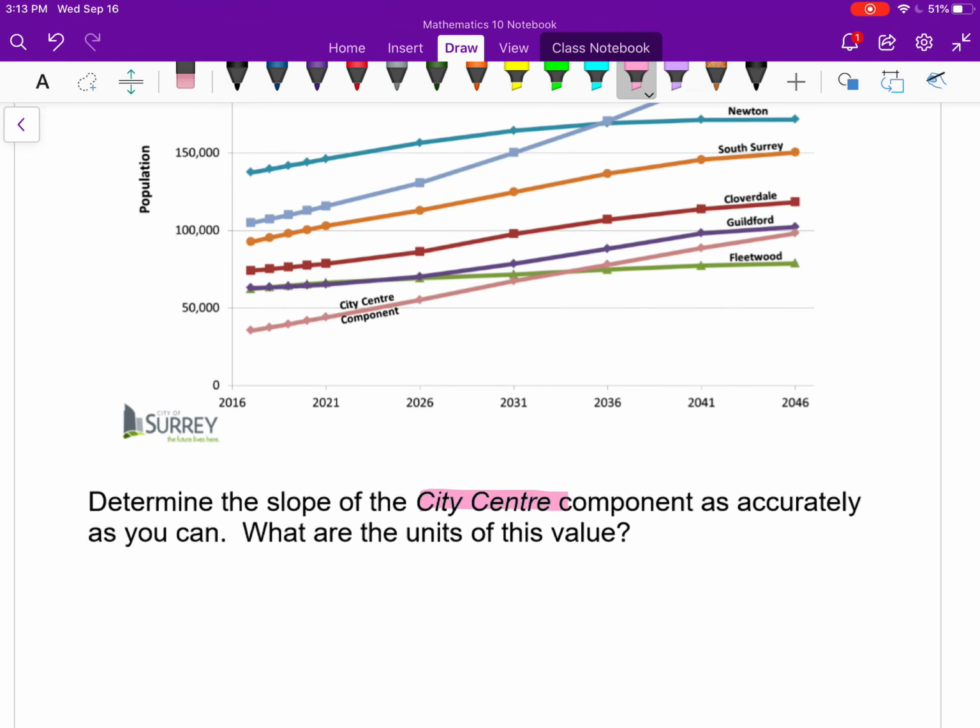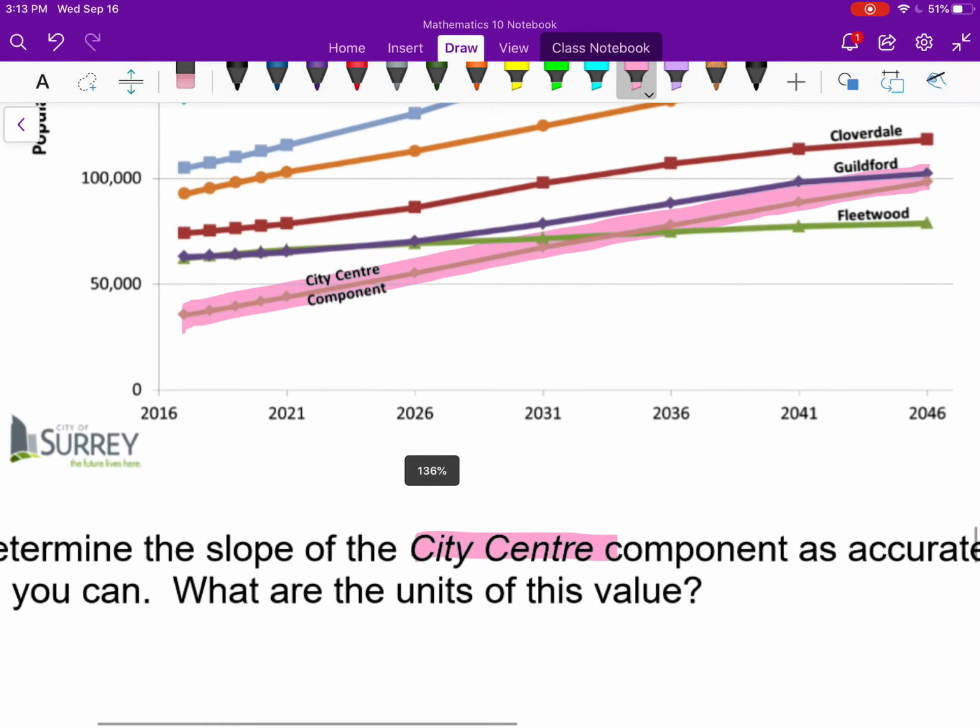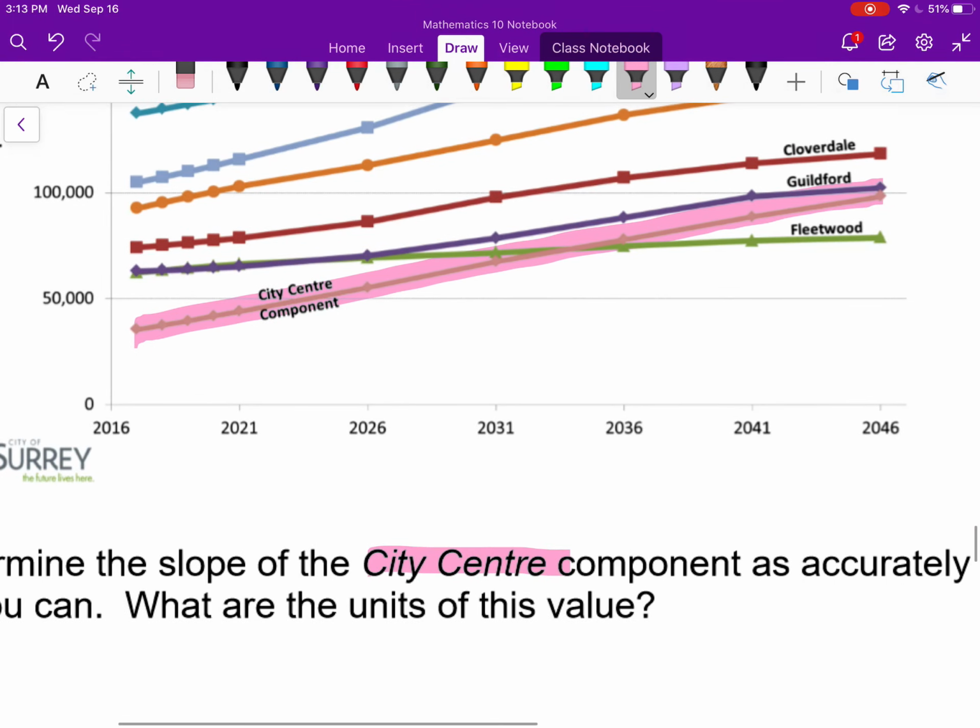Now that prediction for the future growth of the city center is not a perfectly straight line, but it's pretty darn straight. So what I want us to do is find the slope of that line. So how do we find the slope? Well, first we pick 2 points on it. I can pick any 2 points. I'm going to pick points that I feel the most confident I know the coordinates of.